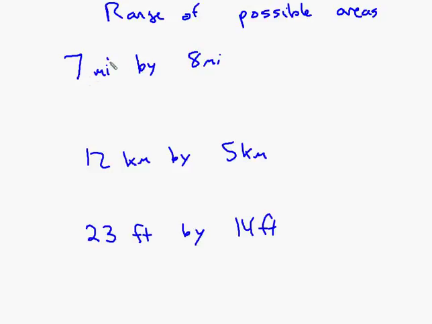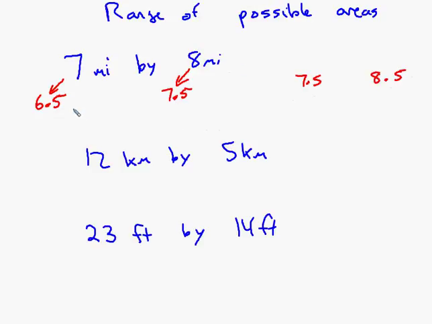So I increase or decrease this by half. So this could be at the low end 6.5, decrease it by that half. And this on the low end could be 7.5. On the high end, this could be 7.5. And at the high end, that could be 8.5, right?